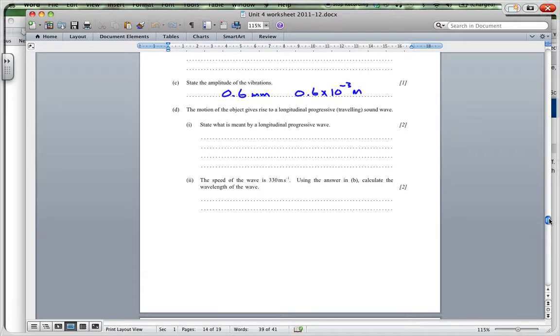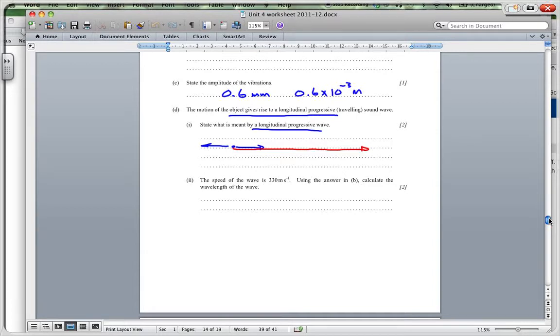Okay, so the motion of the object gives rise to a longitudinal progressive sound wave. State what is meant by a longitudinal progressive wave. Okay, so it's a longitudinal wave if the particles in the medium, the particles that are vibrating, move parallel to the direction of propagation of the wave, or the direction of the energy being carried by that wave.